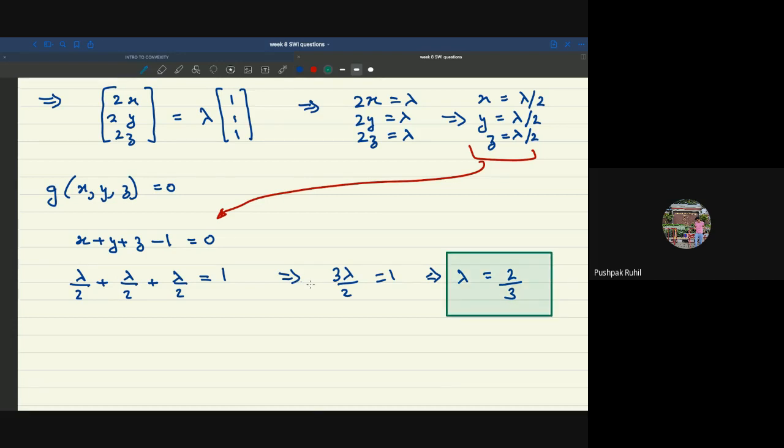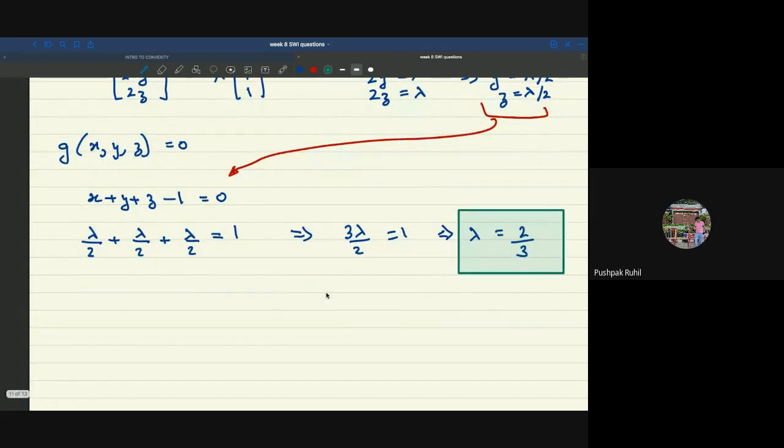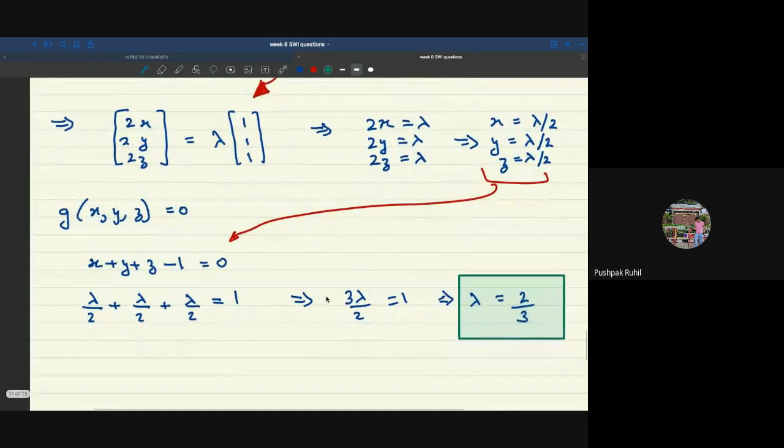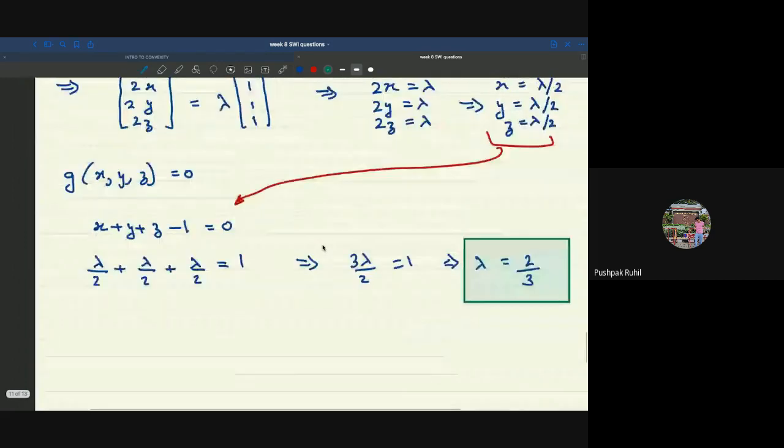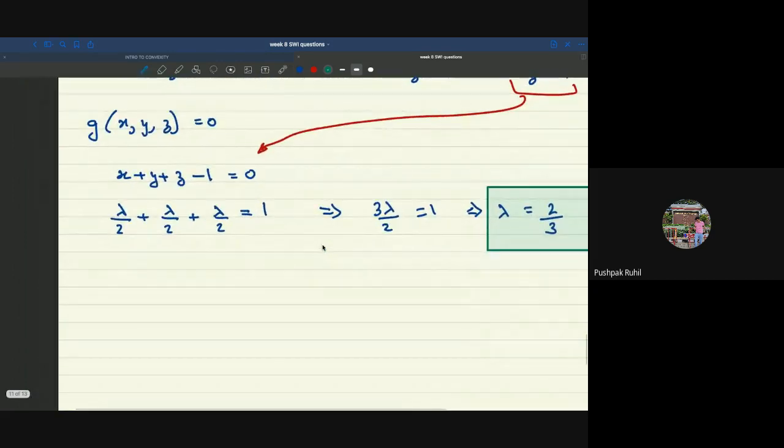Fine. Now, what was our end goal? We wanted to find the optimal x, y, and z. x is equal to y is equal to z, and this was equal to lambda by 2. So we can simply use this particular lambda value, and you will get 2 by 3 by 2, so it would be 1 by 3. Correct.